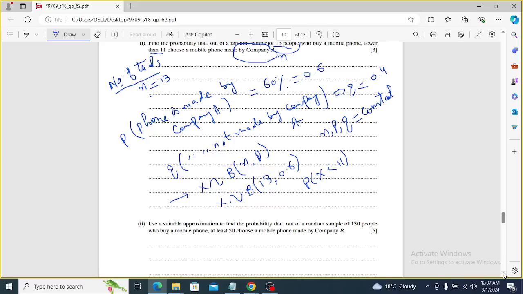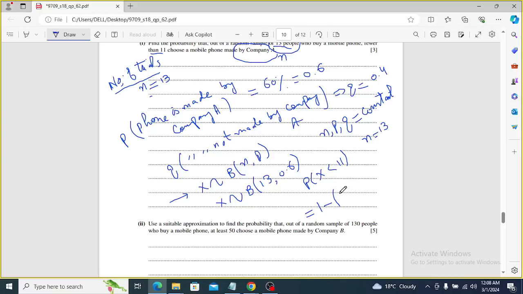If I subtract from 1 the probabilities of 11, 12 and 13, then I will be getting all those probabilities that are considered to be less than 11. Look, I am telling the examiner my thinking process, my approach.